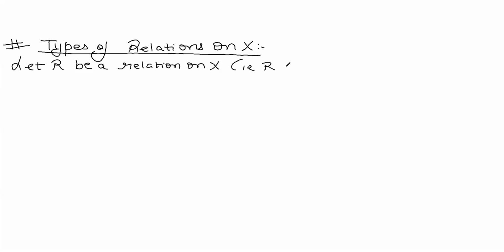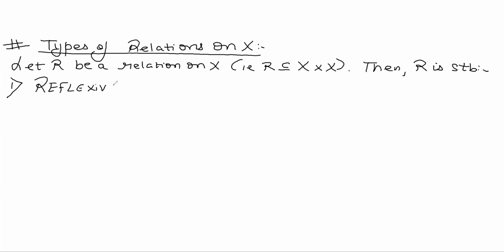That is, R is a subset of X cross X. Then R is said to be, point number 1, reflexive, if and only if x is related to itself for all small x belonging to the set capital X. That means a relation is said to be reflexive if every element of the set X is related to itself for all small x belonging to the set capital X.